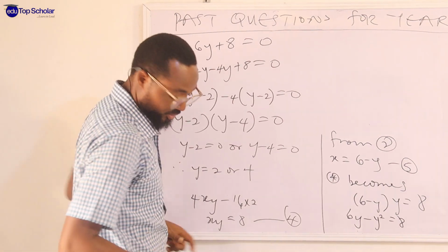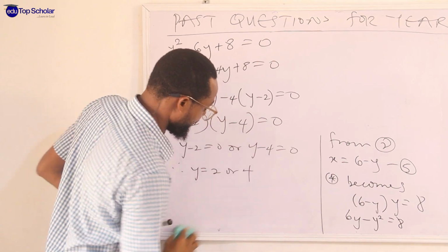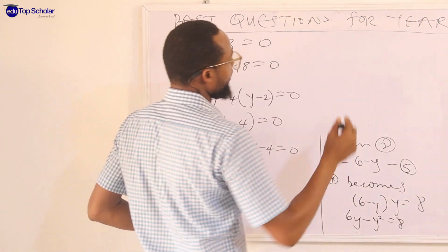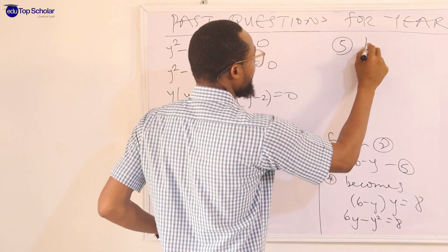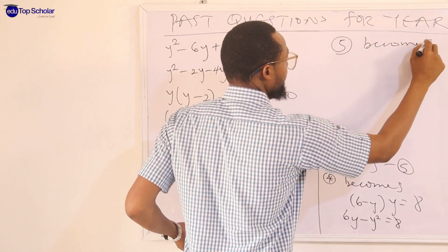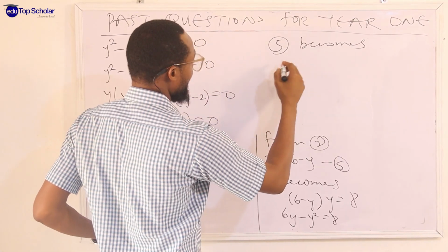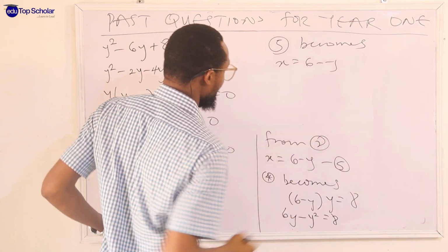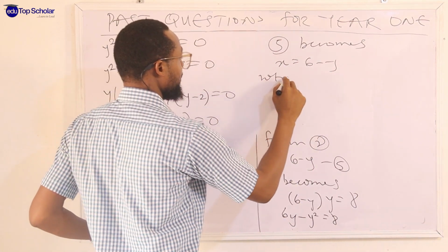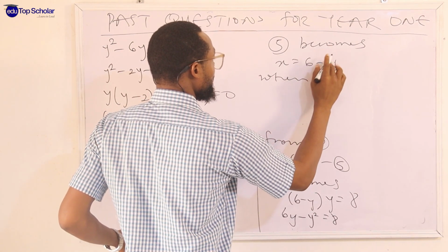Okay, so we want to substitute this back into equation 5. Equation 5 becomes x equals 6 minus y. We substitute the values of our y now.